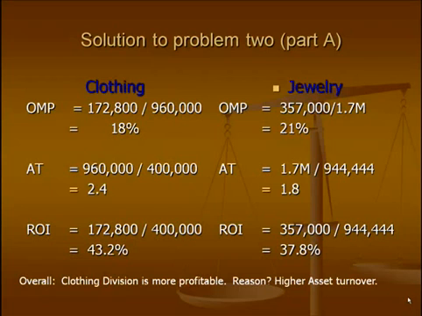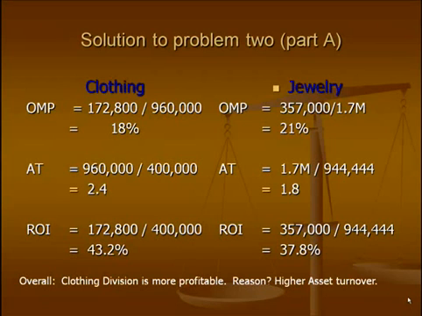The higher the OMP, the better the division at controlling costs. So here, jewelry is better at controlling costs. Look at the asset turnover. Remember, you have to use average assets. This is the assets for each division you have at the beginning of the year plus what they have at the end of the year, and divide by 2 gives you the average.